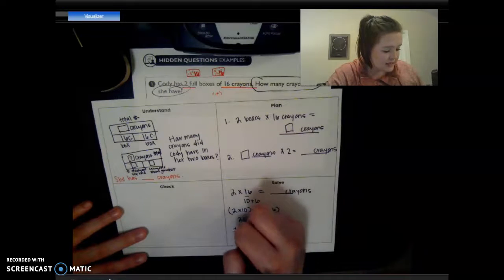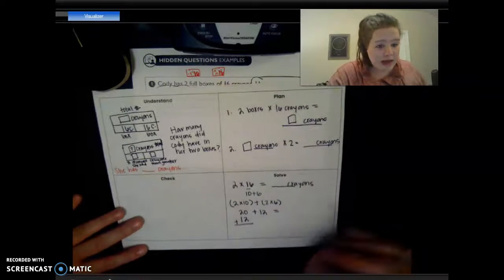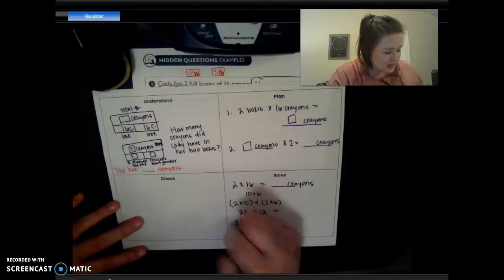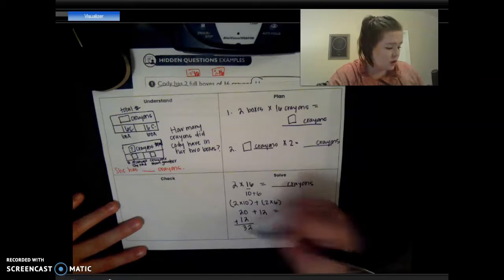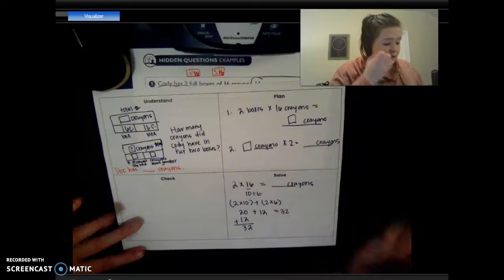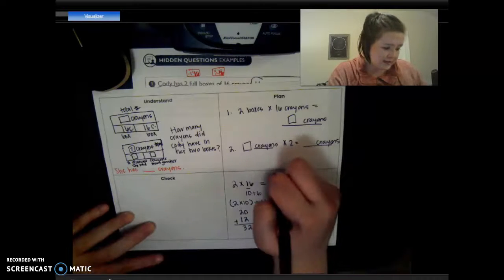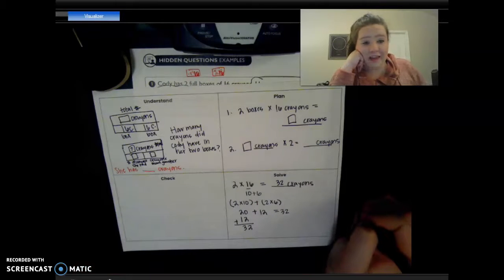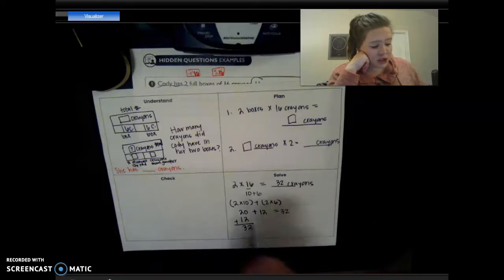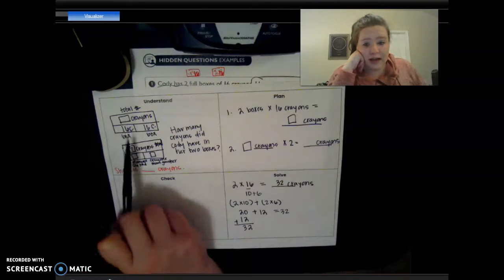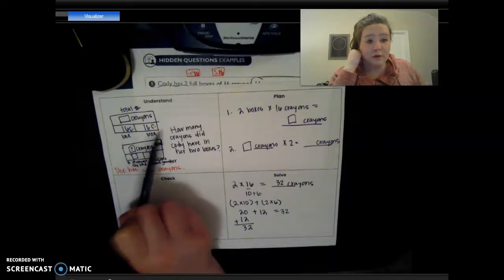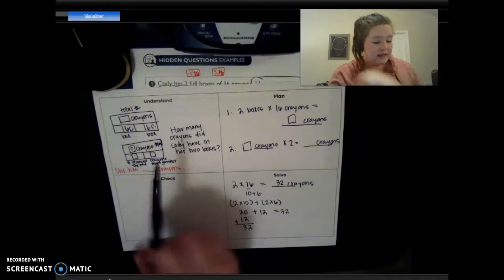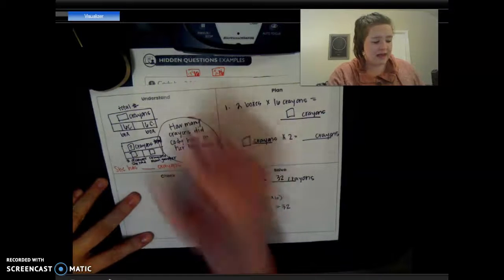If I wanted to break this up, I could do 20 plus 10 and then plus 2, which equals 32. So this is the number of crayons that Cody had at the very beginning. This is the 2 boxes of crayons. The 16 count of crayons and the 16 count of crayons, those are the number of crayons she had in her 2 boxes. This is my secret question.